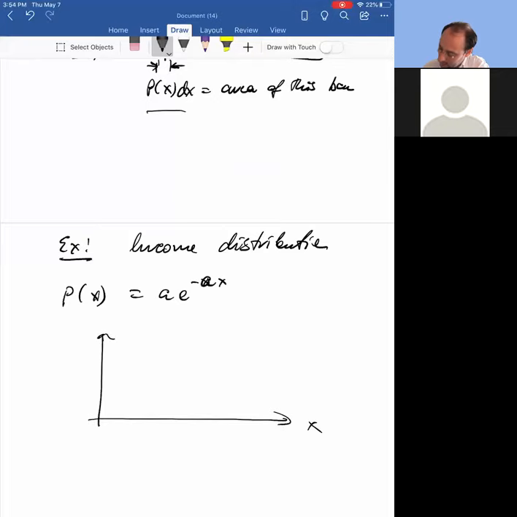X is income. And this is probability, right? So you have a country, many people. And what does it mean to say that this is the income distribution?